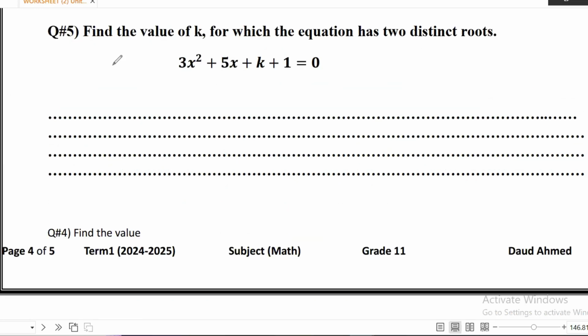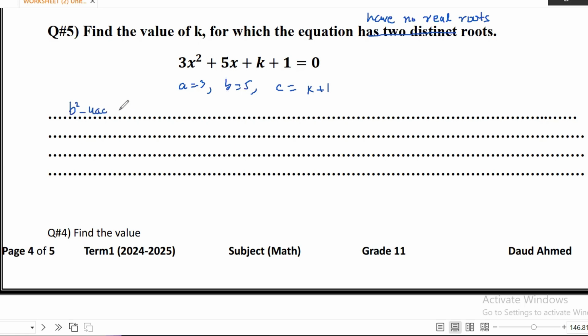So guys, next question is find the value of k for which the equation has no real roots. This question will work for no real roots. So here the value of a is 3, b is 5, c equals k plus 1, and we are looking for the discriminant, which is b squared minus 4ac.